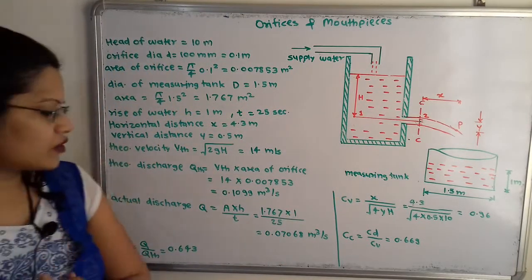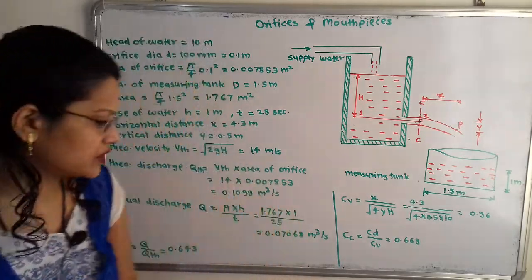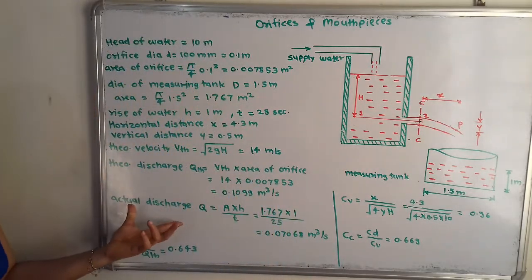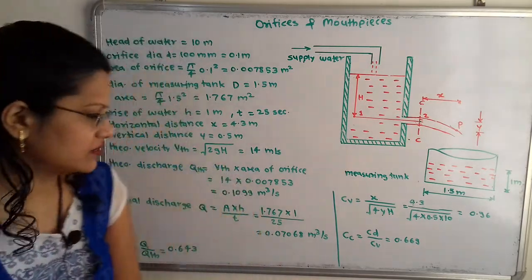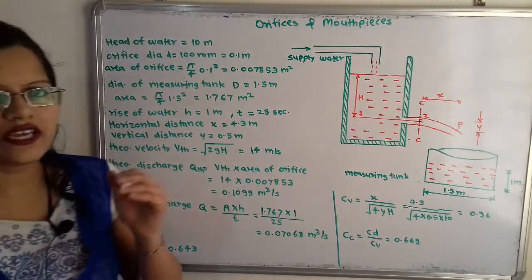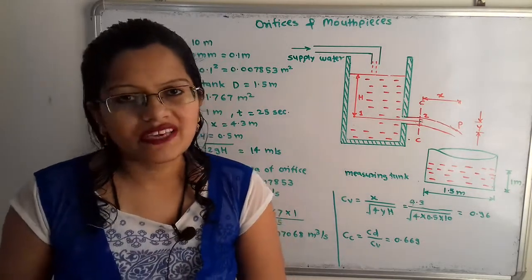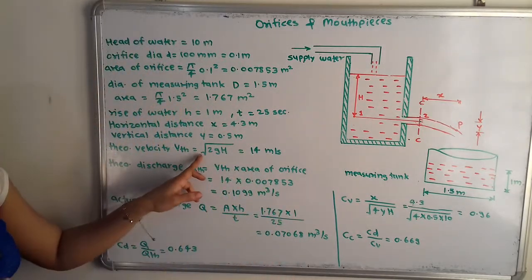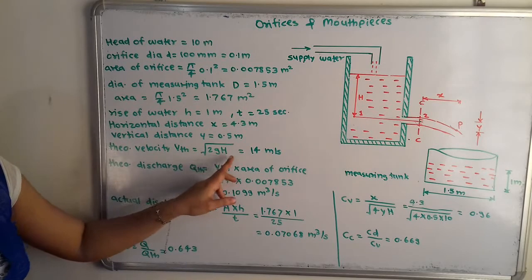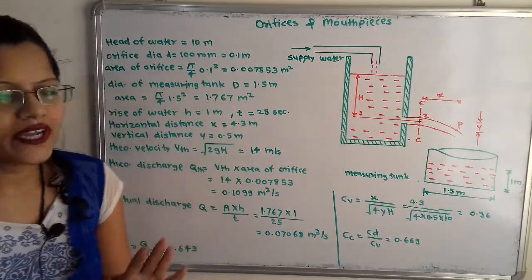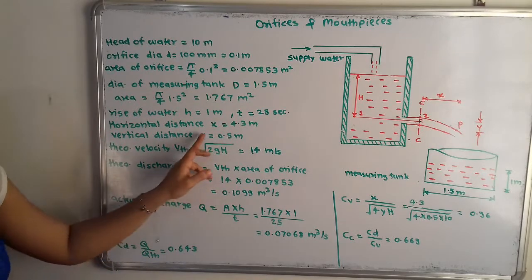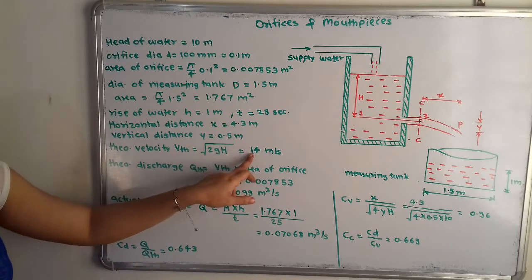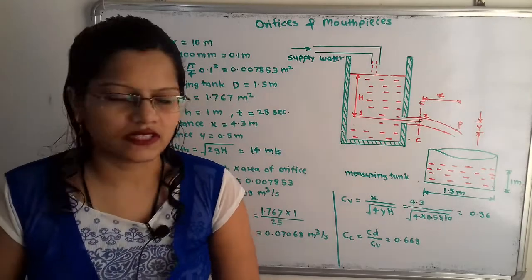Now how to calculate the coefficient of discharge? For that we first have to calculate the actual discharge and theoretical discharge. The theoretical velocity has the formula under root of 2gH. H is 10 meter, g is 9.81, so when we put in the values, we get theoretical velocity of 14 meter per second.